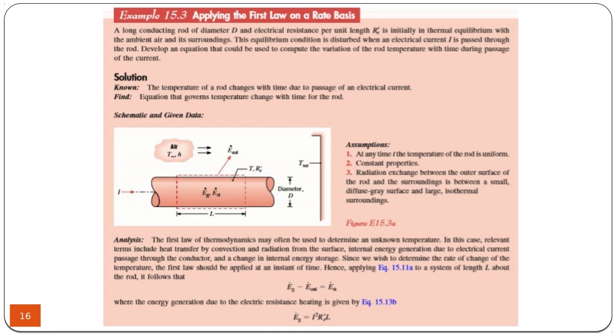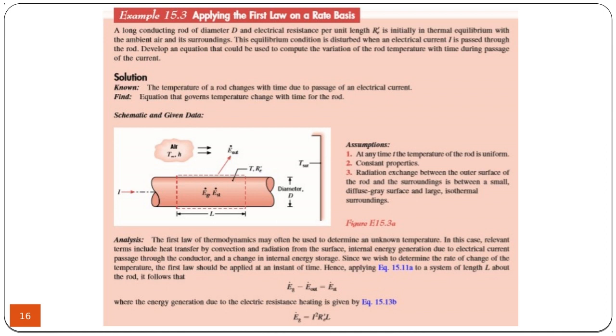The equilibrium condition is disturbed when an electrical current I is passed through the rod. Develop an equation that could be used to compute the variation of the rod temperature with time during passage of the current. We're not going to solve this, but we will make a mathematical model that represents this physical situation.